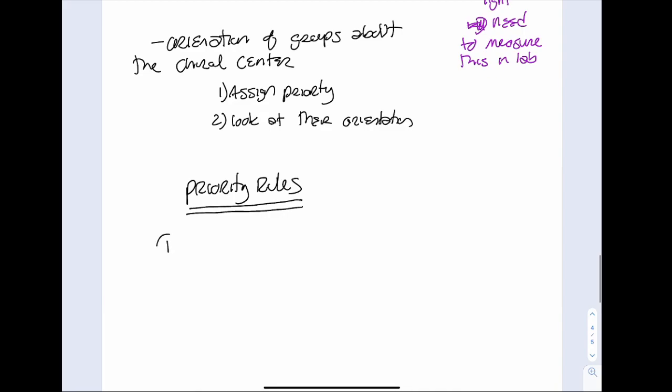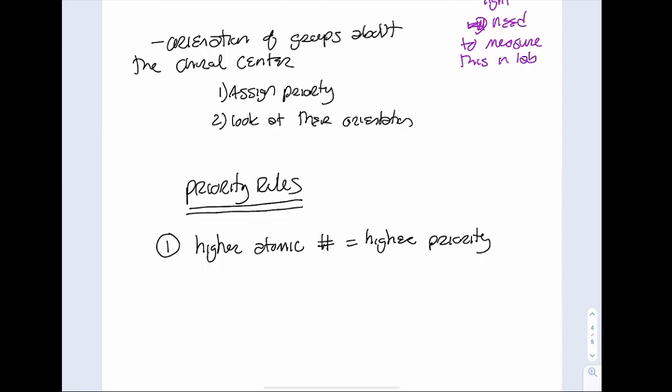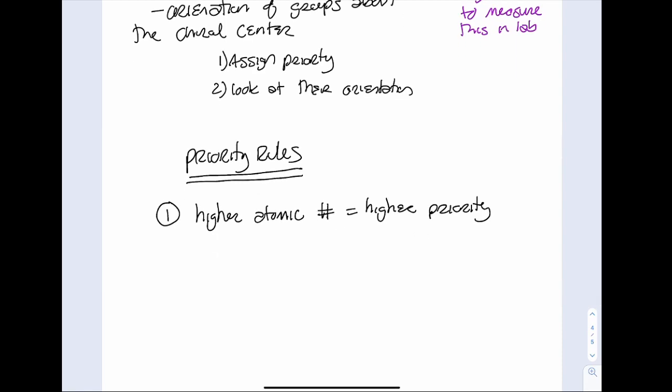Our first one says that the higher the atomic number, the higher the priority. So if my chiral center was bonded directly to, let's say, a hydrogen, a carbon, a bromine, and then we'll put a hydroxyl group on there.